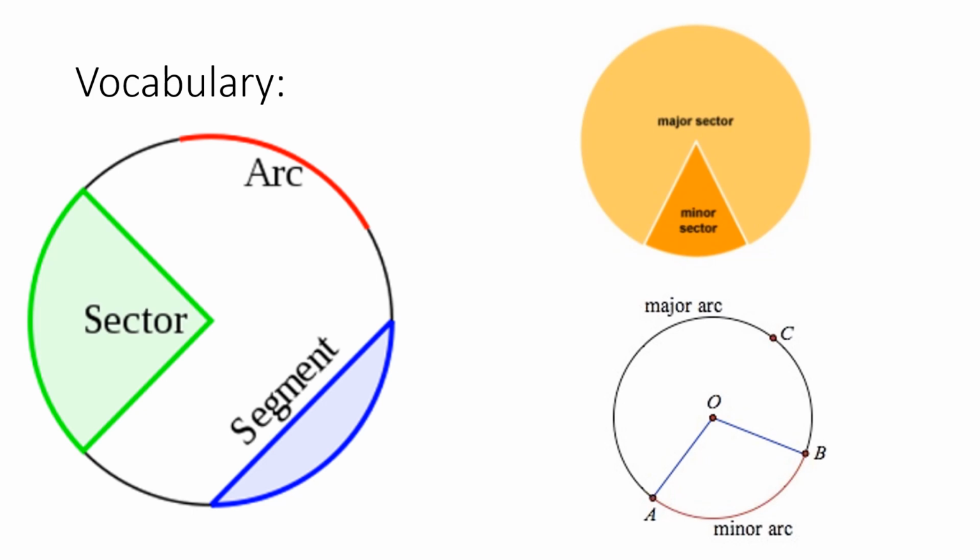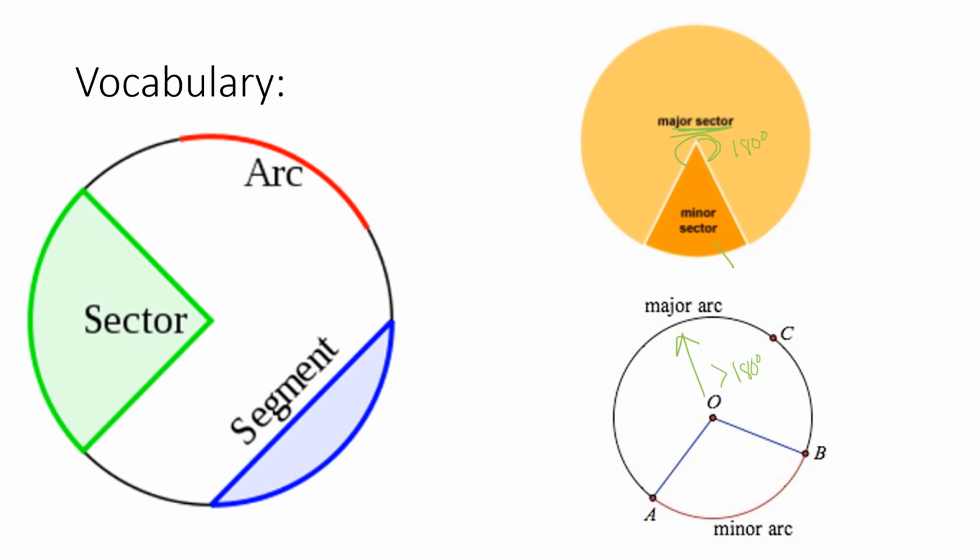We also then have what we call major and minor sectors. We consider a major sector when it uses more than 180 degrees. That's the same thing for arc. We call it a major arc if it's greater than 180 degrees.